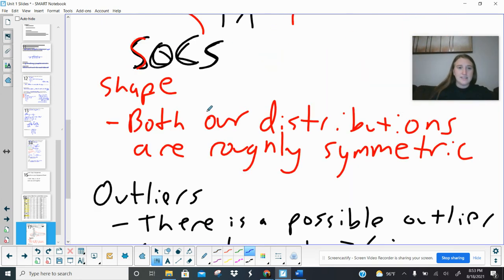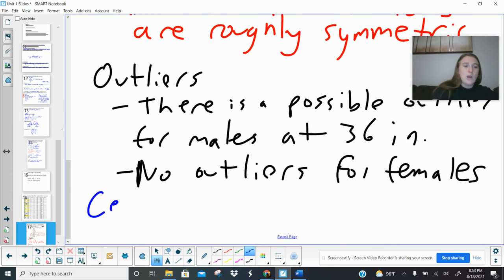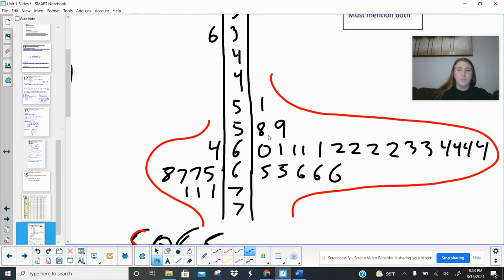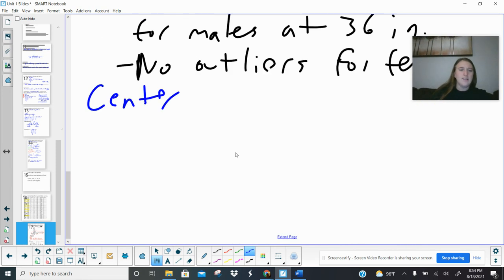Then we said that C stands for center. Now again, we are just eyeballing this right now, so take a moment to look at your stem plot and pick a center for both distributions, somewhere roughly in the middle. I'm going to pick one. It might be pretty close to yours. You don't need to change it if that's the case. We're just eyeballing it. So what do you say for your centers for both these distributions? So for men, I might say 67.